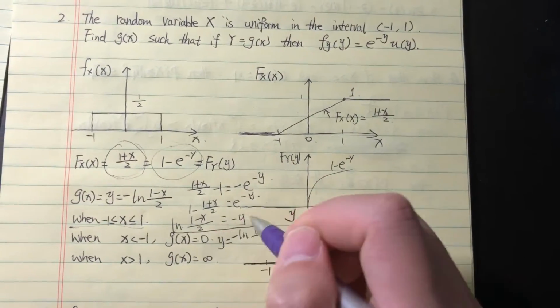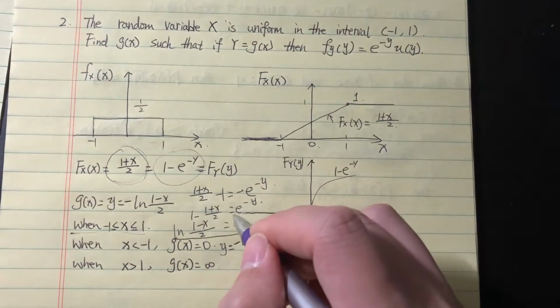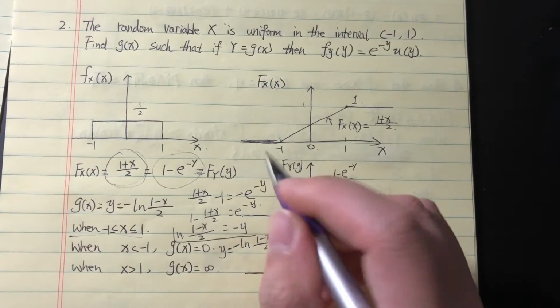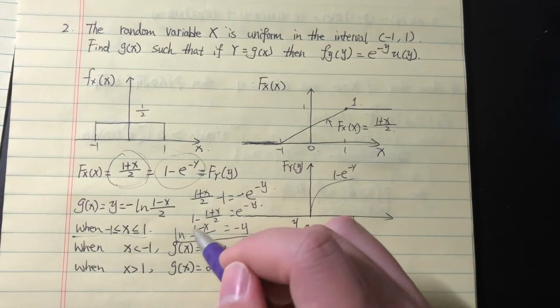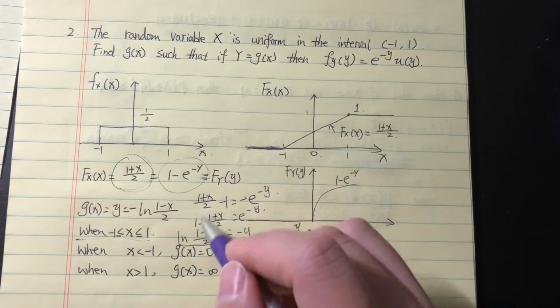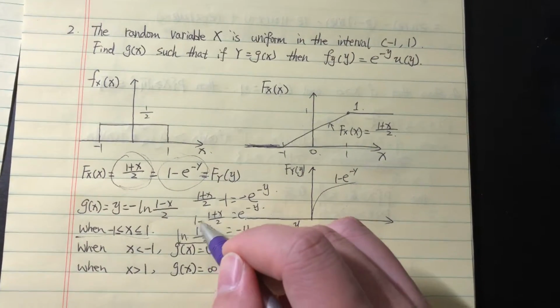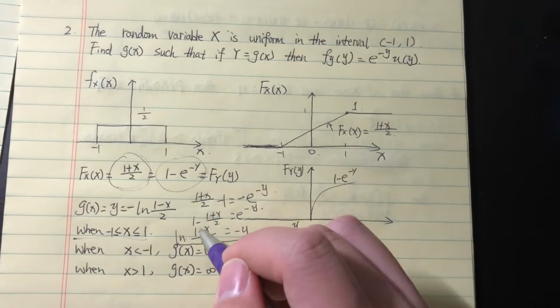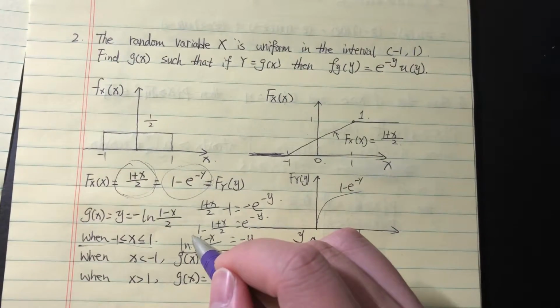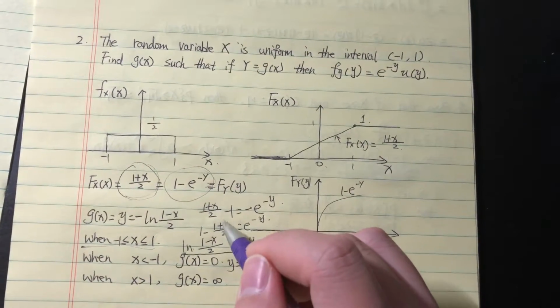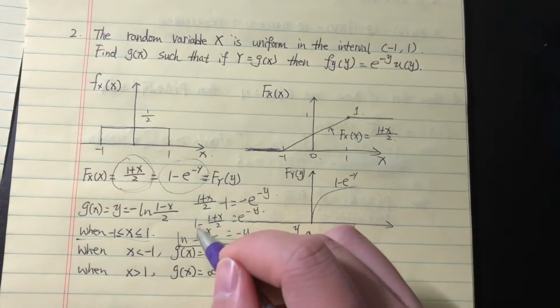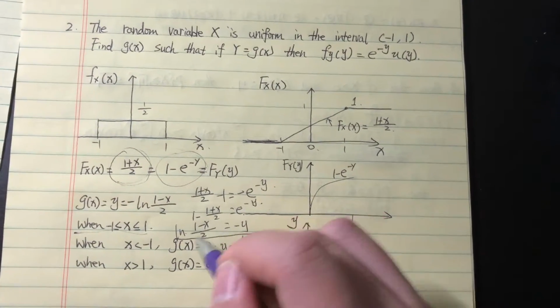So take the log of both sides. This side is going to be -y, and this side is going to be the log of (1 minus x) over 2, because this 1 is equal to 2 over 2, so it is 2 over 2 minus (1 plus x) over 2, which is equal to (1 minus x) over 2.